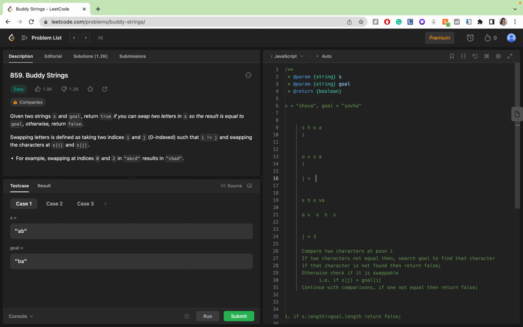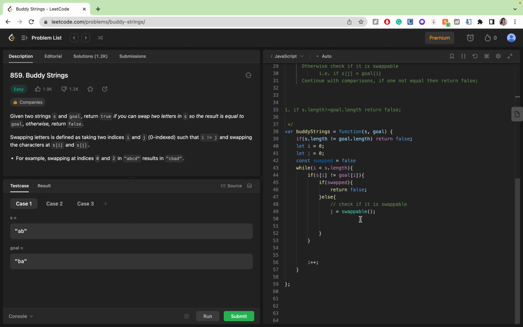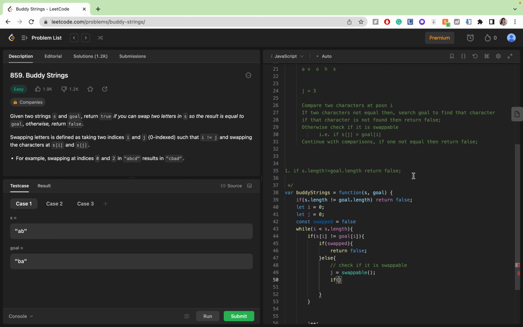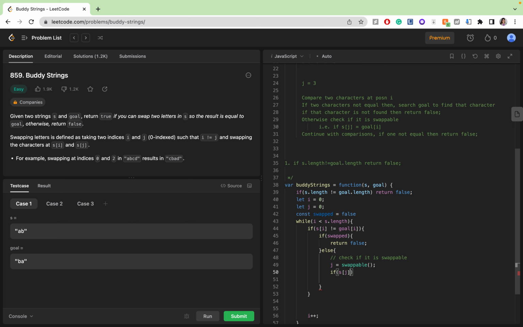So okay, j would be equal to 2. So it means that if S at j is equal to goal I, then it means that it is swappable. If it is not equal, then return false.